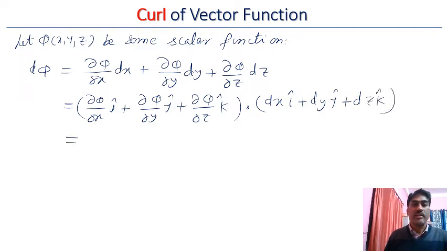You see that the first bracket forms the gradient of phi and the second one is dr, meaning d phi is equal to grad phi dot dr.